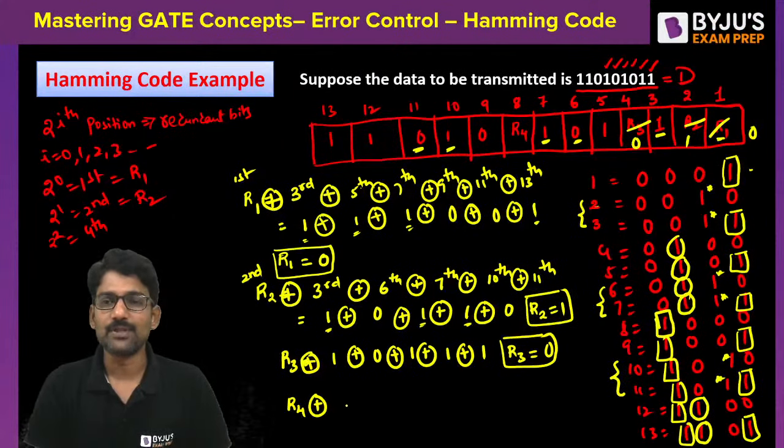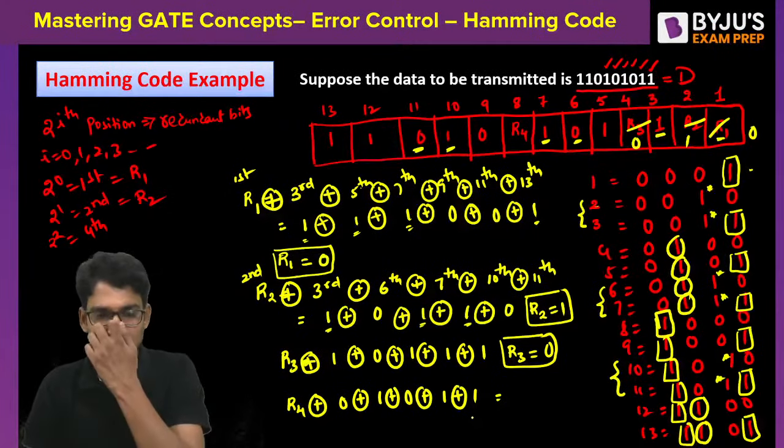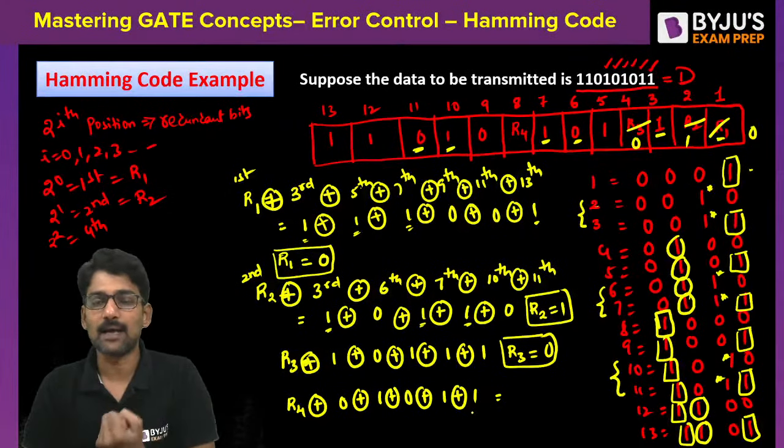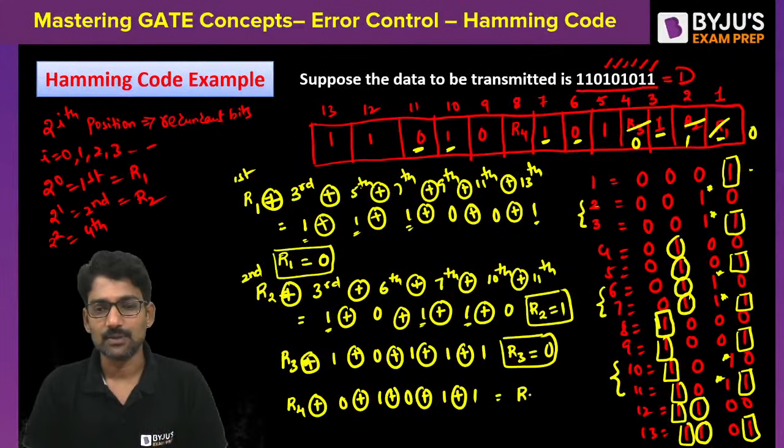Now 9th position we have 0. 10th position we have 1. 11th we have 0. 12th we have 1. 13th we have 1. So 1, 1, 1. 3 ones. So by making R4 as 1, the final number of ones becomes even. So R4 will be 1.